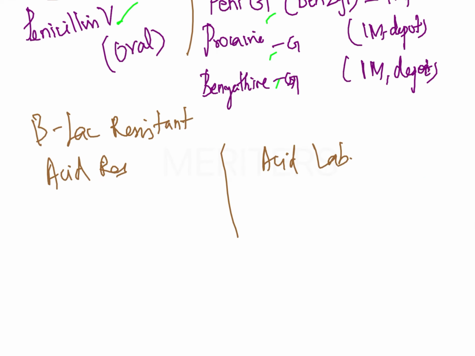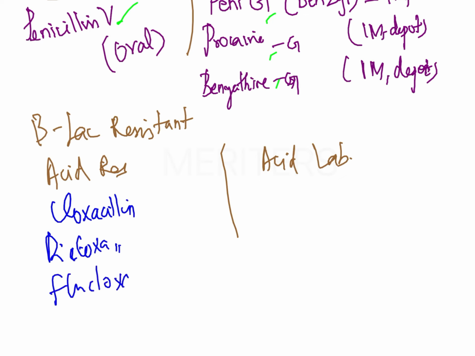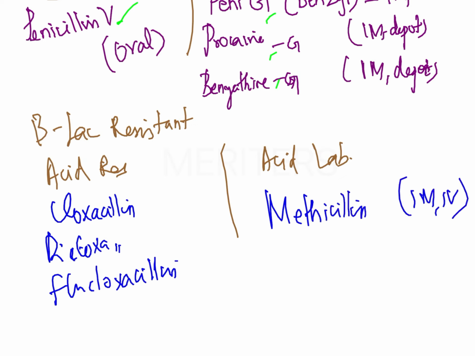In acid resistant you have some drugs called cloxacillin, dicloxacillin, and flucloxacillin. Then in acid labile you have methicillin, which is given by IM and IV, and you have nafcillin, which is also given by IV and IM.